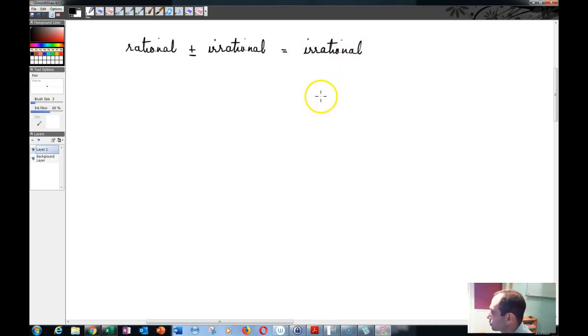So for example, if you want to show that 5 minus square root of 3 is irrational.